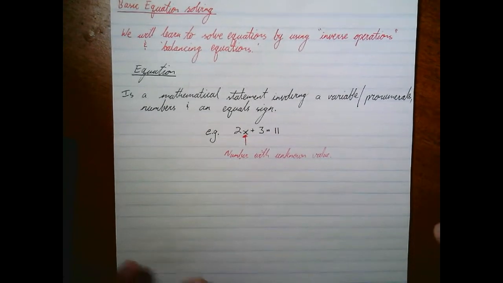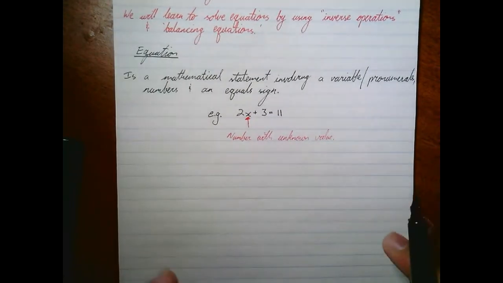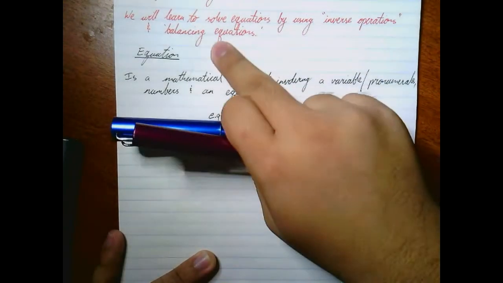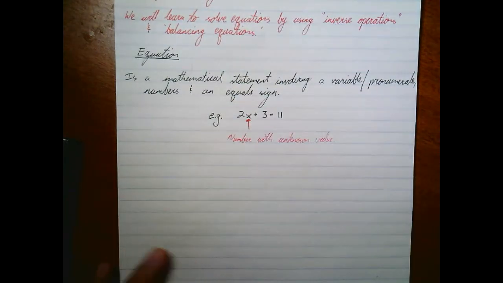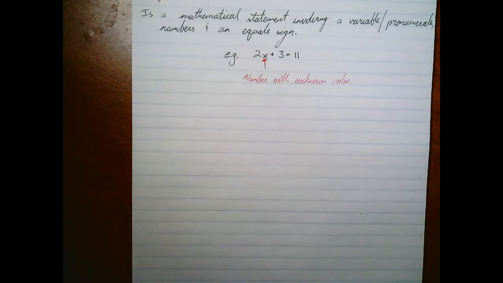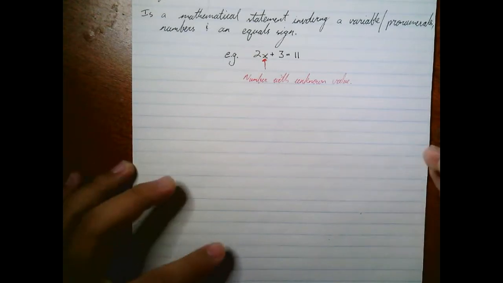Some of you may be astute enough to figure out what it is, but we will learn a method for solving equations, and it involves inverse operations and balancing equations. These two will work hand in hand to help us solve equations of any sort.